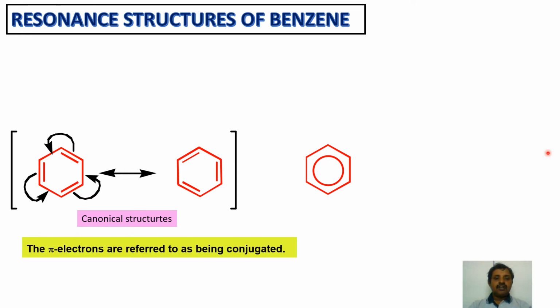The pi electrons are referred to as conjugated. Here, one of the most important conditions is that the pi electrons should be conjugated, that is, alternate double bonds should be there.